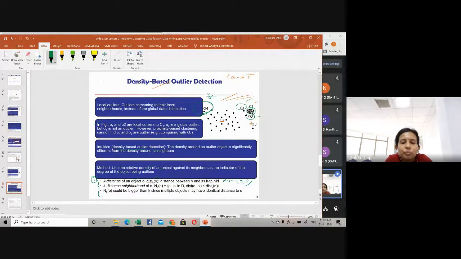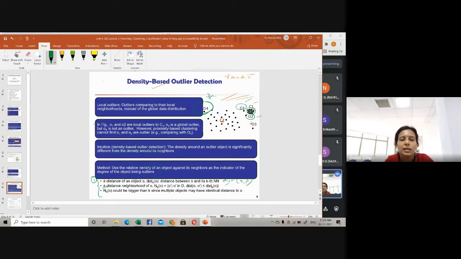Then the k-distance neighborhood: there are at least k objects O' which belong to D, such that the distance from O to O' is less than the k-distance of the object, dist_k(O). That's the second property.